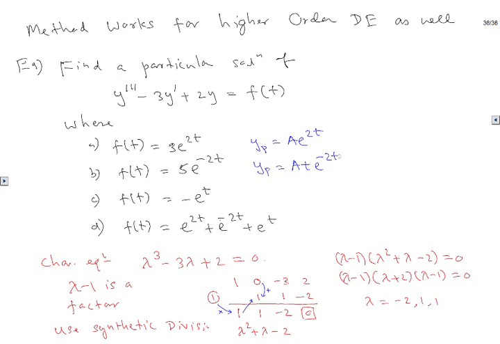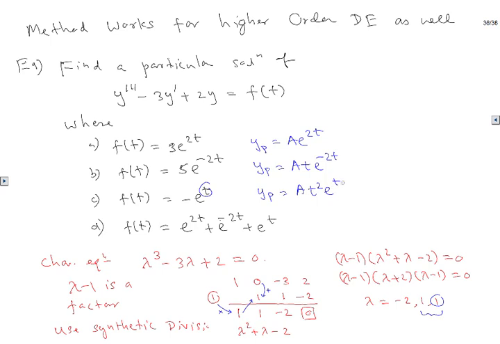The third one, you can see, is the repetition. When there's a repetition, your yc is going to be c1 plus c2 t. That means you need another t when you write the solution, because this one matches with that. So you have to be careful. So your solution is yp equals C t squared e to the t.